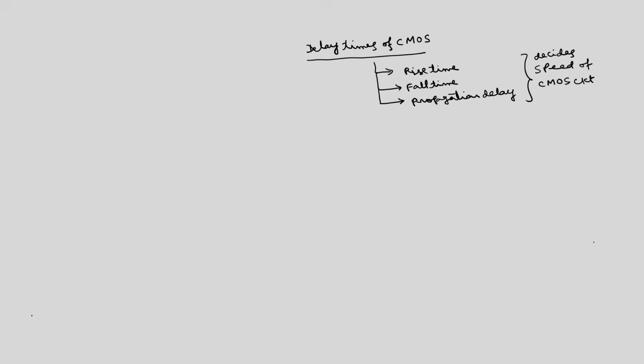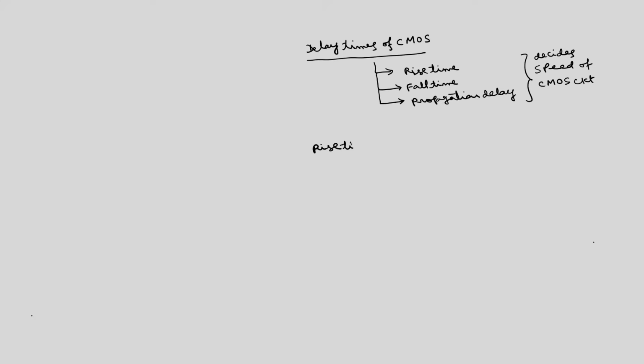In order to find out this rise time, we have to consider a CMOS circuit. We will take a simple CMOS inverter. So, what is the rise time of a CMOS inverter?